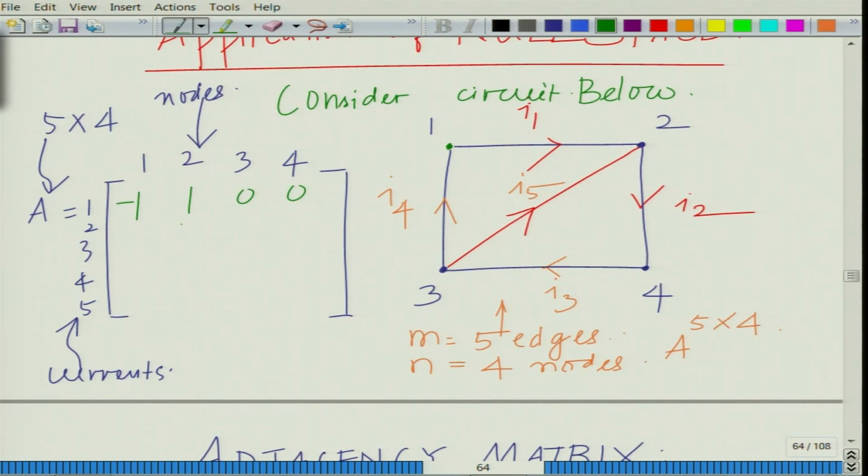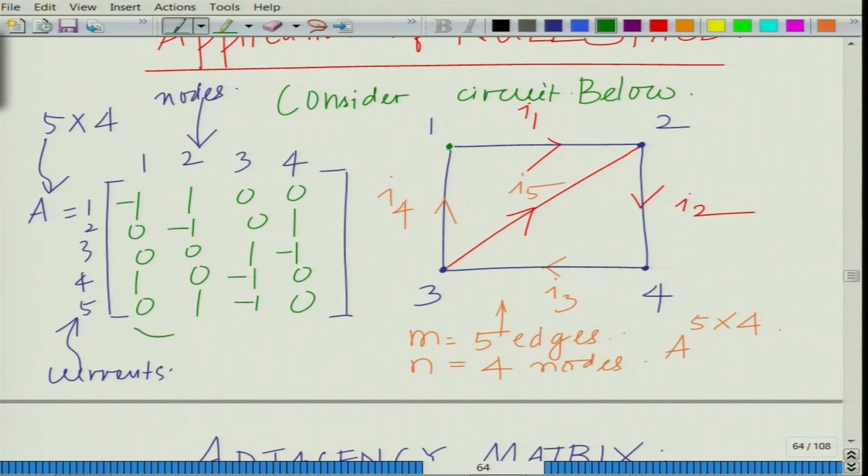Current 2 leaves node 2, so minus 1 for the second column, and enters node 4, so plus 1 for the fourth column, rest of the entries are 0. Current 3 leaves node 4, so minus 1, enters node 3, so plus 1 for node 3, and 0 0. Current 4 leaves node 3, minus 1, enters node 1, so plus 1 for the first column, 0 0, and current 5 finally leaves node 3, so minus 1, and enters node 2, so 1 for the second column, rest are 0.